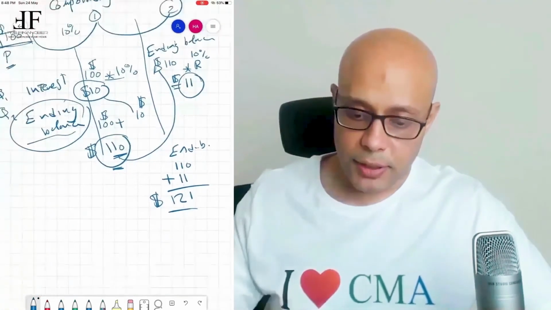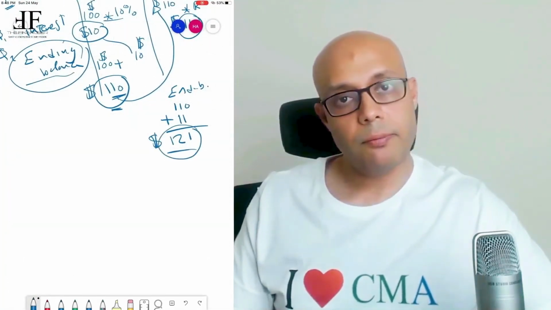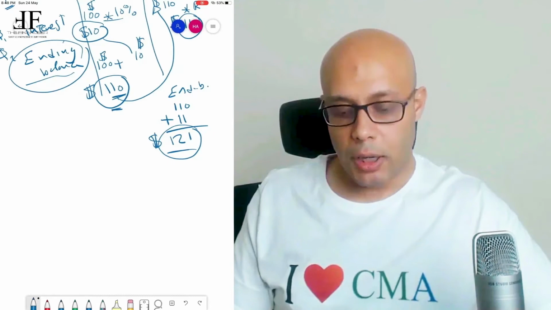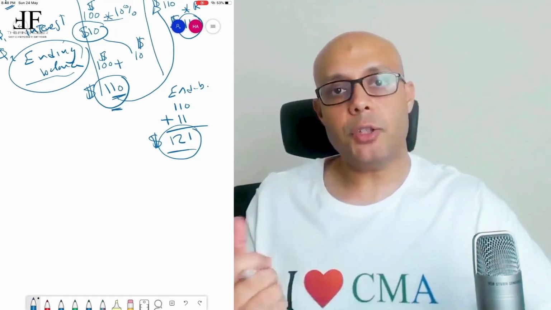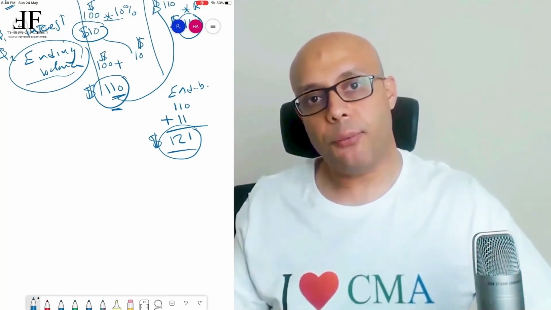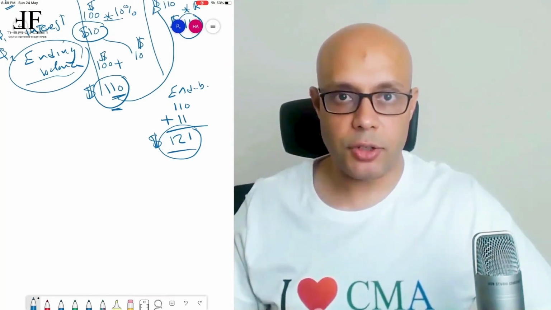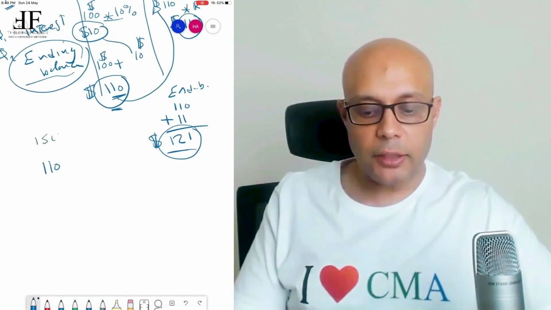Now let's return to our example here. This 121, it's all about what? It is about the initial deposited amount plus the interest of the first year, and both of them will be used as a basis for the interest calculation in the second year. So 121 is based on $110.